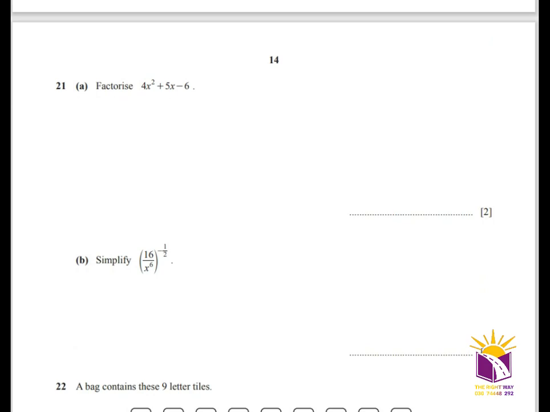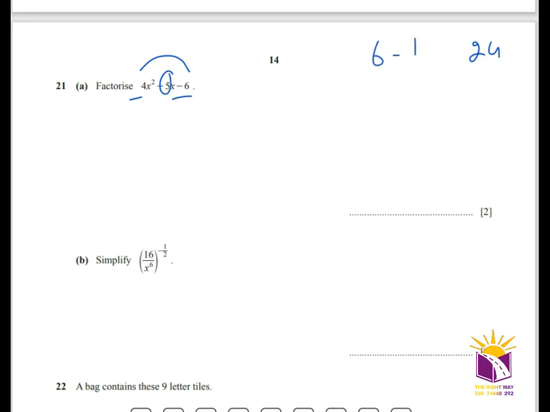Question number 21. Factorize 4x square plus 5x minus 6. 4 times 6 is 24. So I have to break it so that my multiples will give me 24. As this is minus and this is plus, my factors should have a minus.